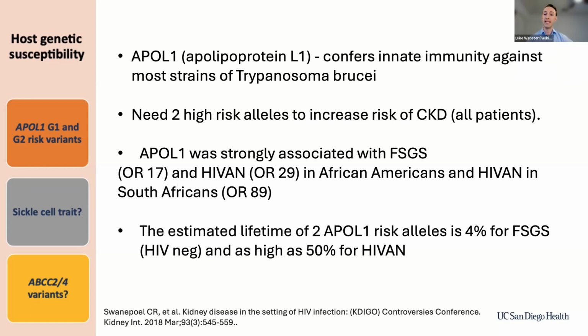So I would say in the kidney community, we are now starting to screen for APOL1. I will say, stepping back from HIV specific, in the general population, we don't yet have a directed therapy specifically for mitigating risk of APOL1. Maybe give us 15 years and we'll have something.